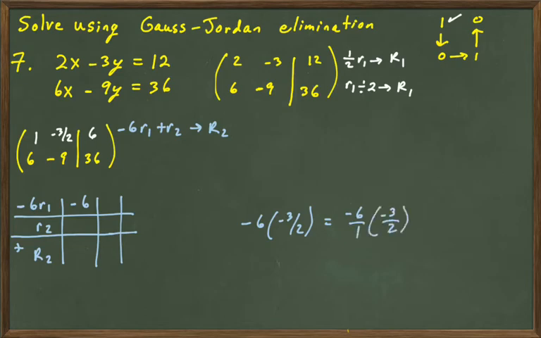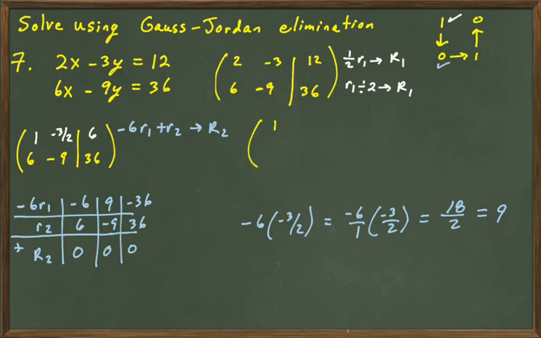Negative 6 times negative 3 is positive 18, and 1 times 2 is 2, so that reduces to 9. Then 6 times negative 6 is negative 36. Row 2 is 6, negative 9, and 36. When we add, negative 6 plus 6 is 0, 9 plus negative 9 is 0, and negative 36 plus 36 is 0.